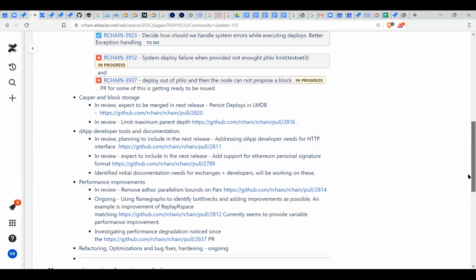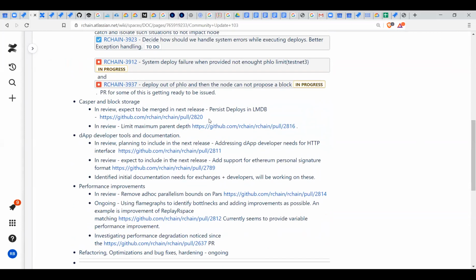And in Casper and block storage, we have a couple of improvements. In Casper, we're limiting the maximum parent depth. It's set in as a parameter right now. We're going to play with different parent depths to see what it does in terms of reducing the problems.